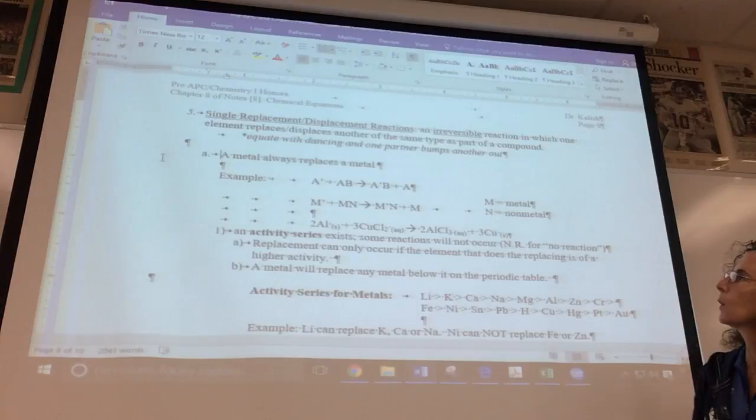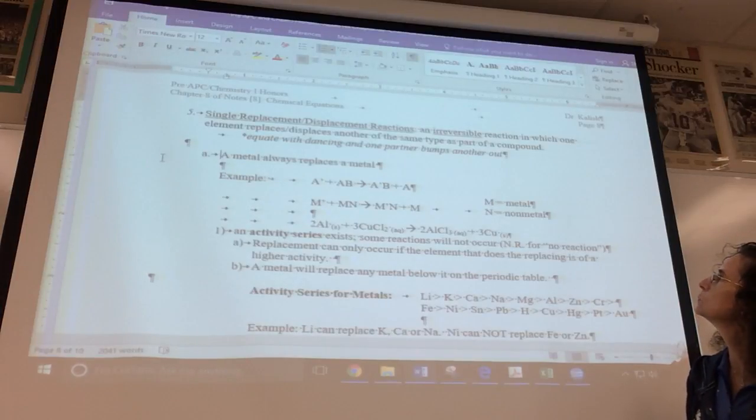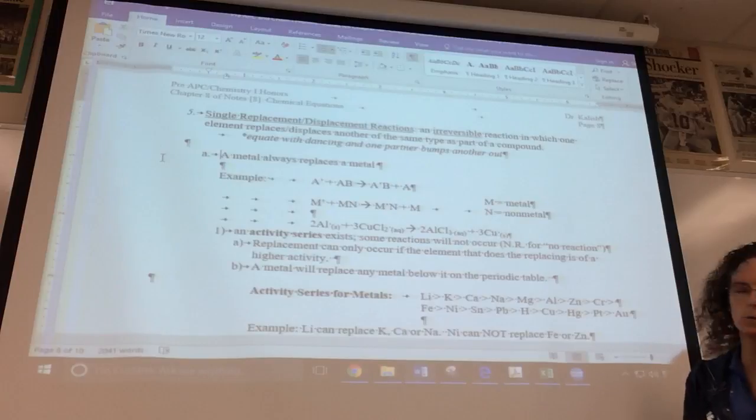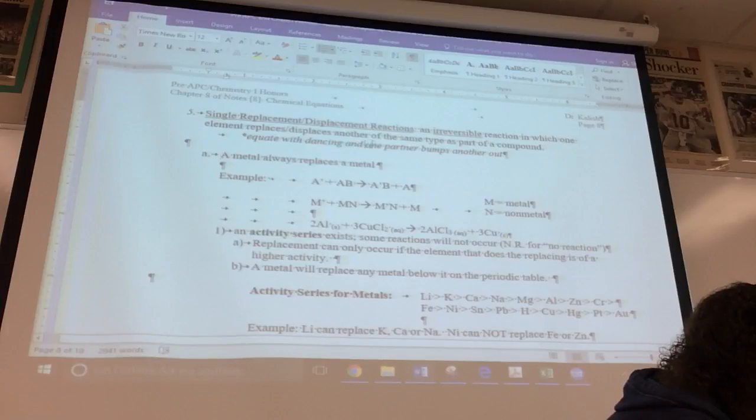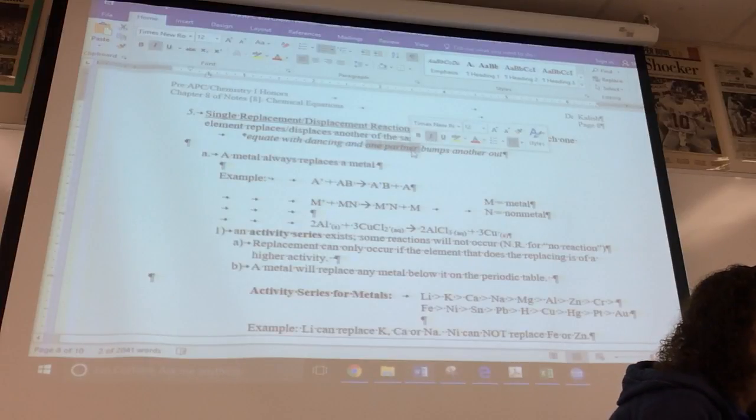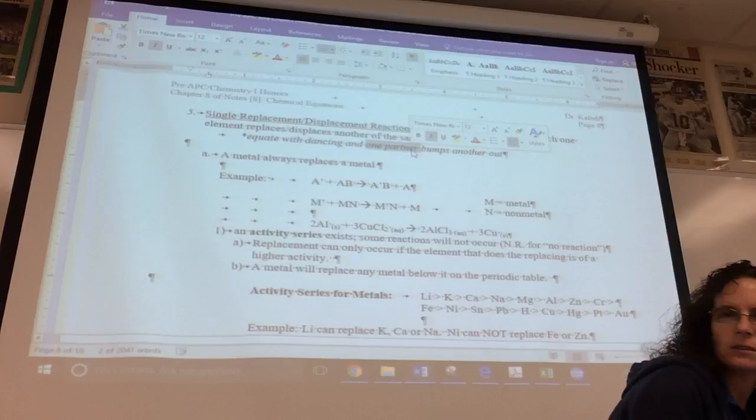And we already equated it with dancing. And when we say one partner, I guess initially he wasn't part of a partner, so maybe we want to make that clear. Equate with dancing and, what do you want to say, a single something?